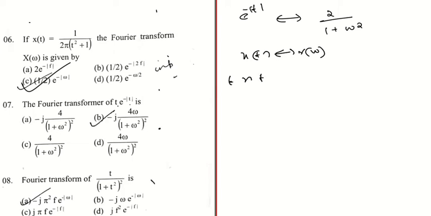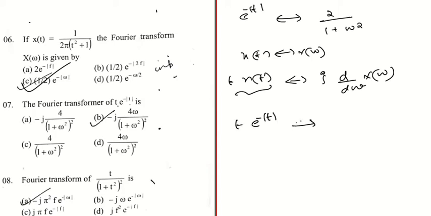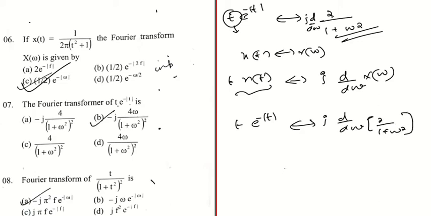When t into x of t is taken, then it becomes j into d by d omega of x of omega. So t into e raised to minus modulus of t will yield us j into d by d omega of this one. There is only one t here, right? When it is multiplied with the t, then it becomes d by d omega of 2 divided by 1 plus omega square.